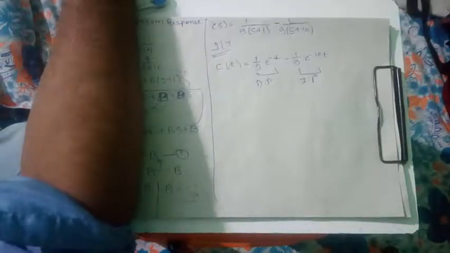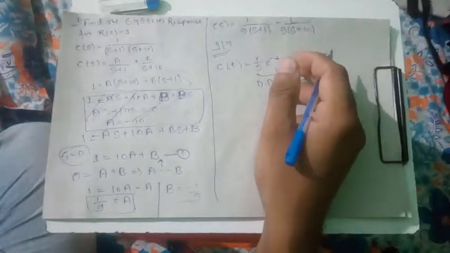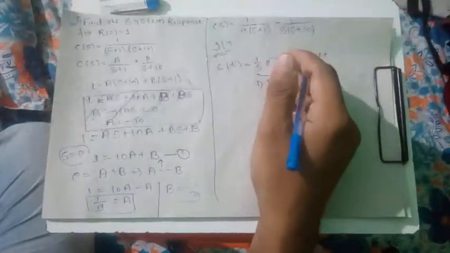The insignificant pole is the pole lying on the leftmost side, and its time constant must be less than that of the dominant pole, that is tau by 5. The dominant pole is the pole which is close to the imaginary axis. So this pole is very close.